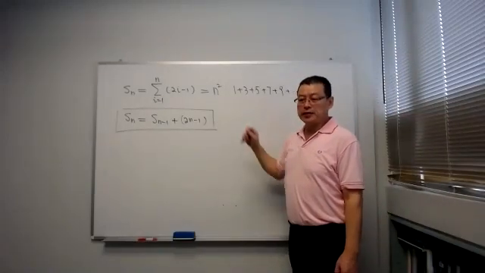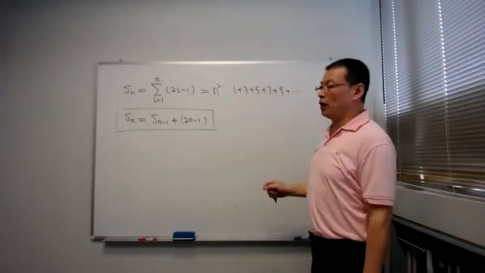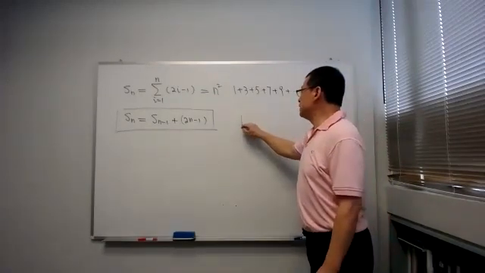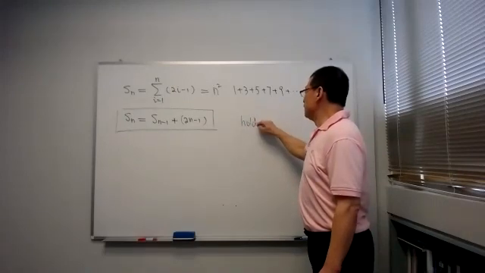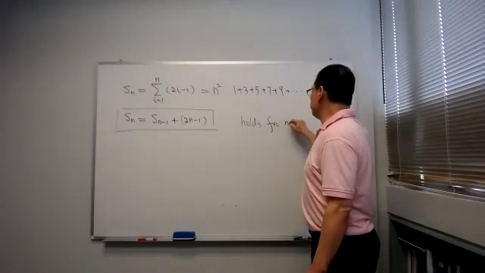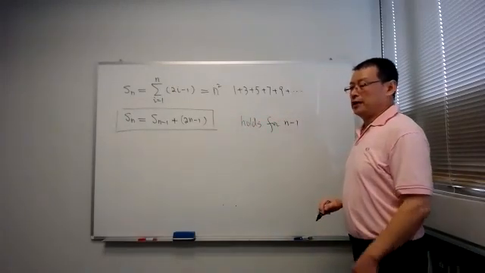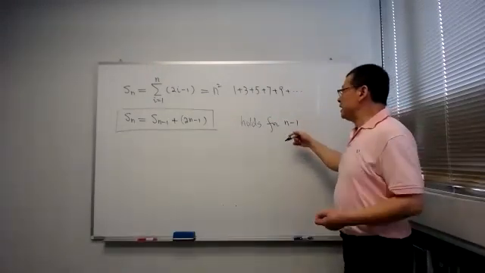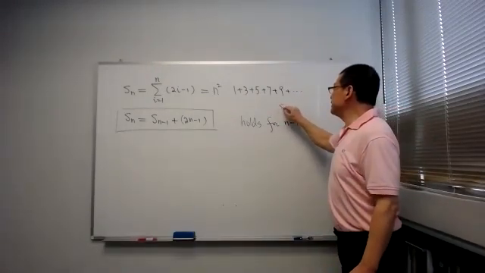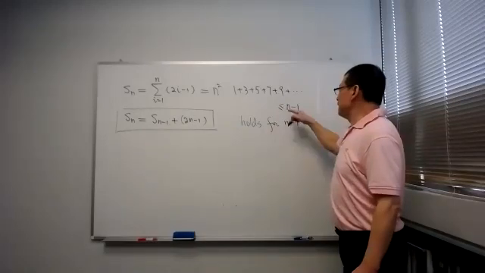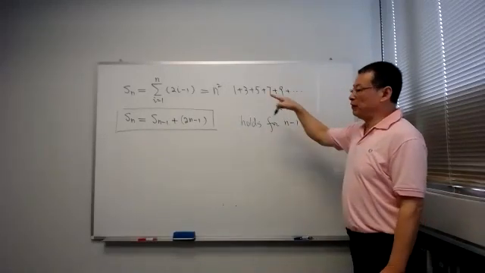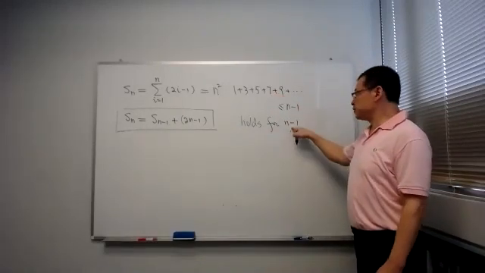So when we use mathematical induction, we assume this one holds for n minus 1. Okay, actually, in general, we can assume it holds for everything less than or equal to n minus 1. But for this particular one, this one will be good enough.